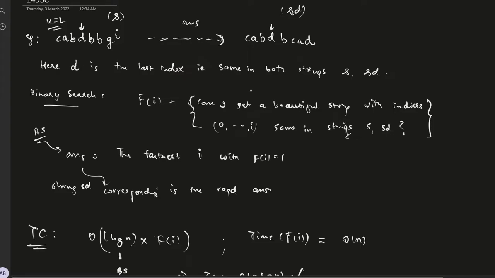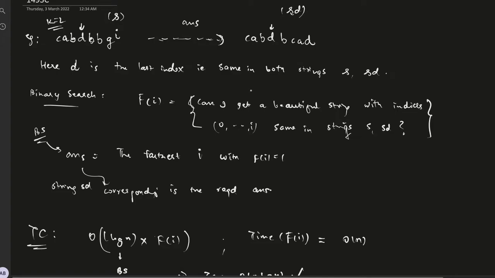So if we want the string t to be lexicographically greater than or equal to string s, then string t will have the initial I characters, that is the prefix of length I, equal to the prefix of length I of string s, and then the I plus 1th character may be different in string t.